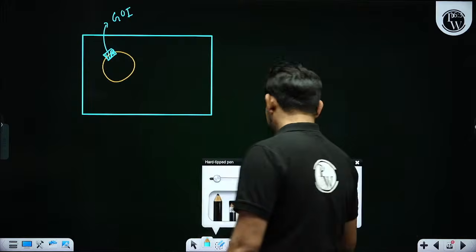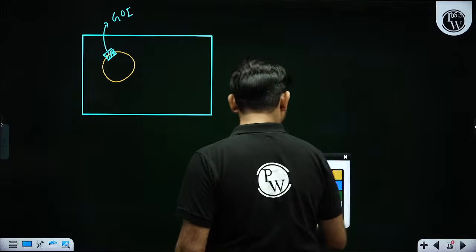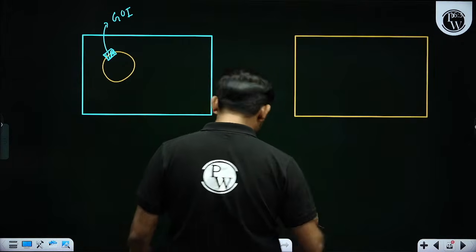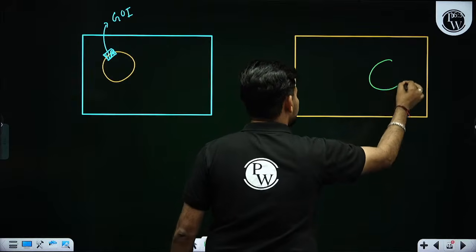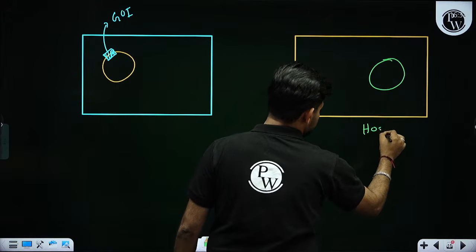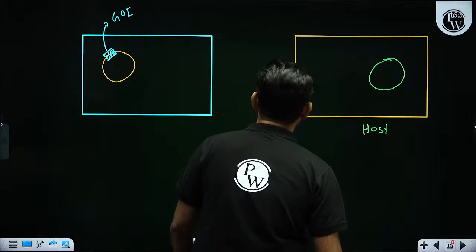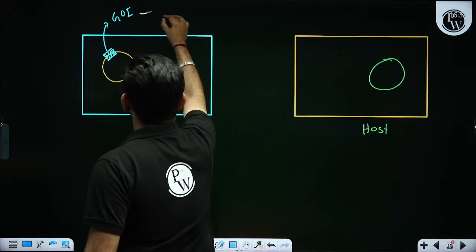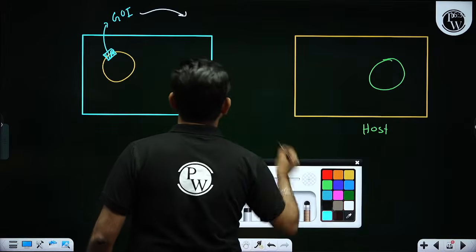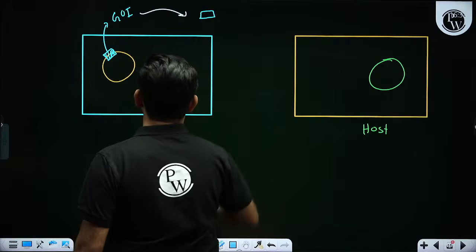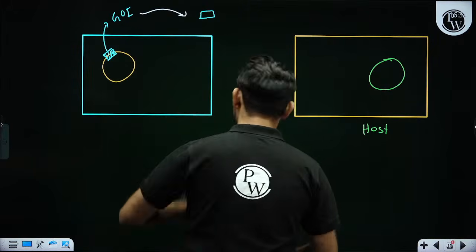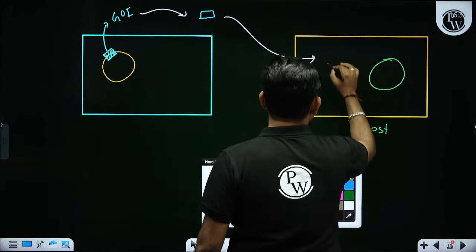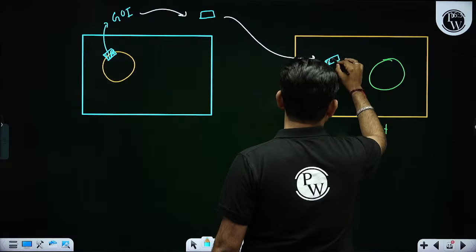So you take another organism, called the host organism, which can be cultured in your laboratory, right? Simply, without gaining full knowledge, you extract the gene of interest from the donor organism and directly incorporate it into the cytoplasm of the host cell.